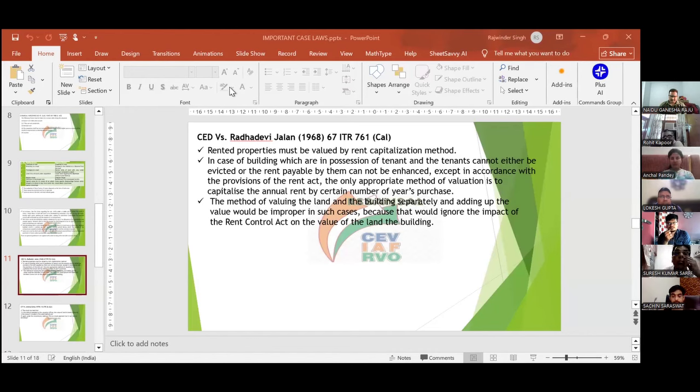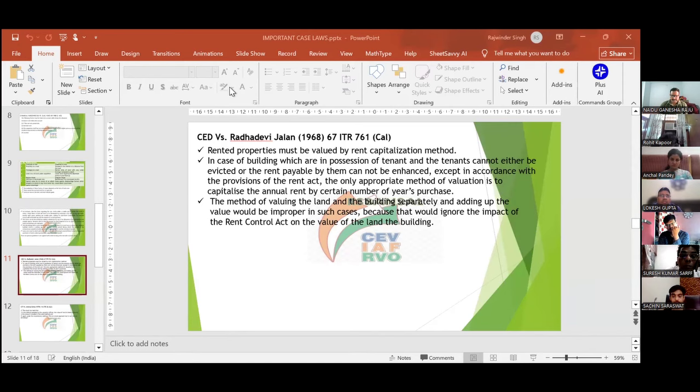The next case is CED versus Radha Devi Jalan. So it is a similar case. It says that rented properties have to be valued by rent capitalization method. And in case of buildings which are in the possession of tenants and the tenants cannot be evicted or rent payable by them cannot be enhanced except in accordance with the provisions of Rent Act, the only appropriate method of valuation is to do valuation with capitalization of annual rent by certain number of years purchase.